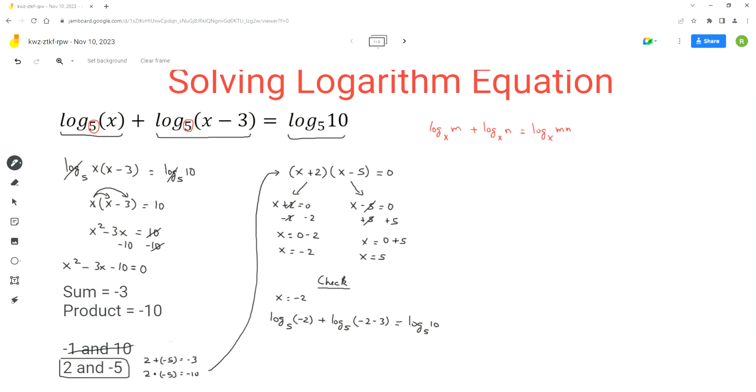Now we know that log does not exist for a negative number. So when you input them in your calculator, you'll get a math error. So that means x equals negative 2 is an invalid or extraneous root.